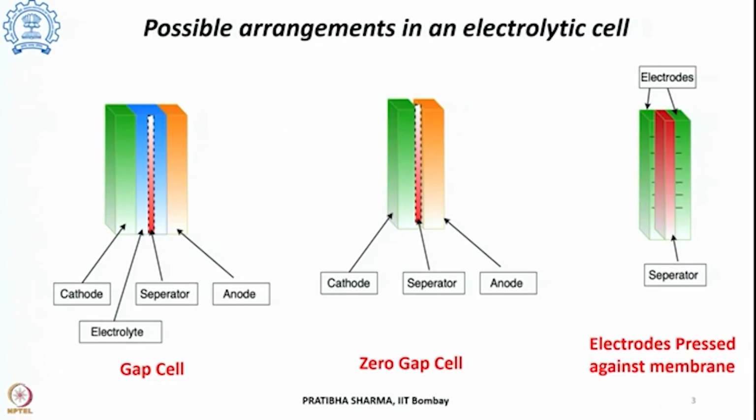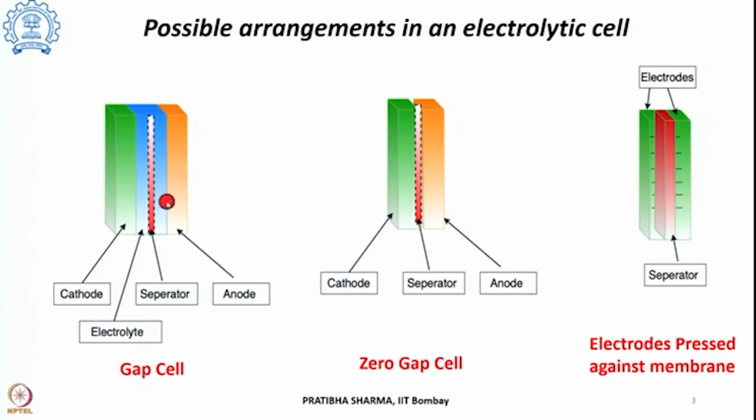These components can be connected in different possible arrangements. Basically, there are three such concepts of arranging these components in an electrolytic cell. The first concept is that of a gap cell, in which there is a gap between the separator and the two electrodes.